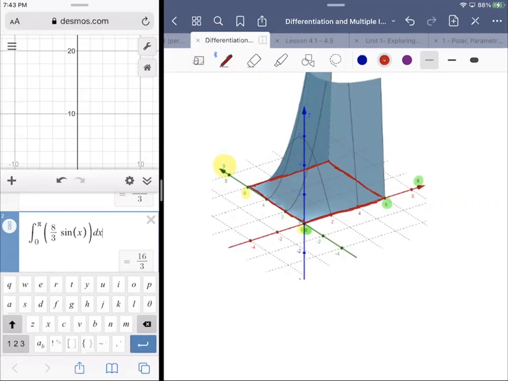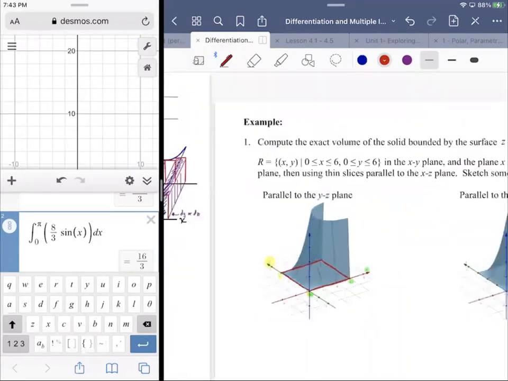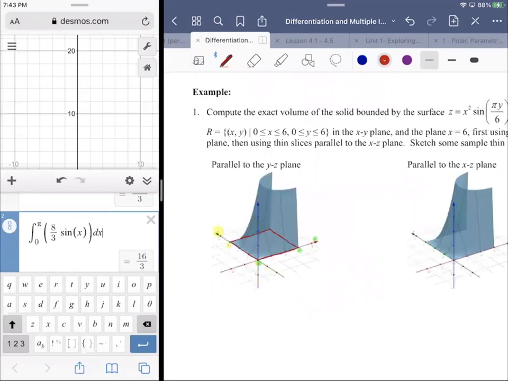Right? So I can integrate with respect to x first, then y, or I can integrate with respect to y first, then x. Right? The reason why that's important is 2 pages ago, it would have been a lot easier to integrate with respect to the sine function, I think it was, than it would have been to do the u substitution. But as it turned out, we didn't have a choice, right? Or at least it didn't seem like we did. Right here, we would have a choice. So we're going to do it both ways just so we can verify that it's going to work out. But we only have license to do it either way because it's a rectangular base region.